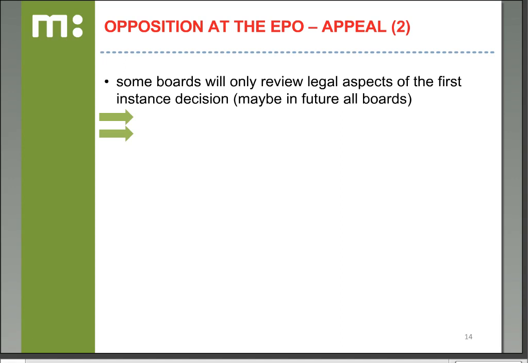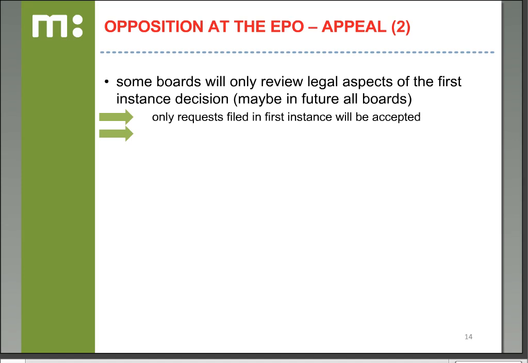And there are currently under discussion new rules of procedure for the Boards of Appeal, which are discussed at the Administrative Council of the European Patent Convention. That means that they will put into a legal frame that the subject matter of the appeal is the case as it was in the first instance decision. So only requests filed in the first instance will be accepted.